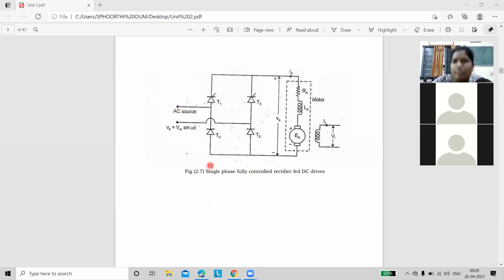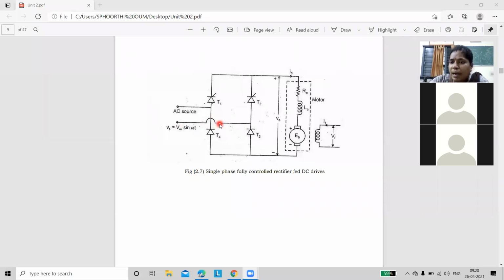So you have to write the matter like this. During the positive half cycle of the supply voltage, thyristors T1 and T2 are in conduction mode, and the current flowing path is supply voltage, T1, motor, T2, and back to supply. You are getting some output voltage indicated by V0. At this instant, output current is represented by IA or I0. Both are the same. During the negative half cycle, the time period is pi to 2 pi, so omega t lies between pi to 2 pi.